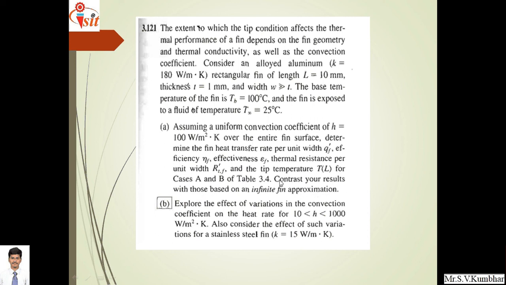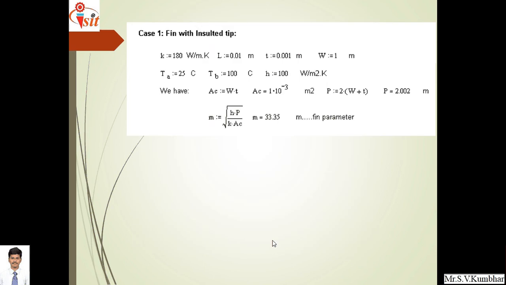Now initially consider an insulated tip and just contrast your result with infinite fin approximation. And question B is to explore the effect of variation in the convection coefficient on the heat rate for 10 less than h less than 1000 watt per meter square Kelvin. Also consider the effect of such variation for stainless steel, k is equal to 15 watt per meter Kelvin.